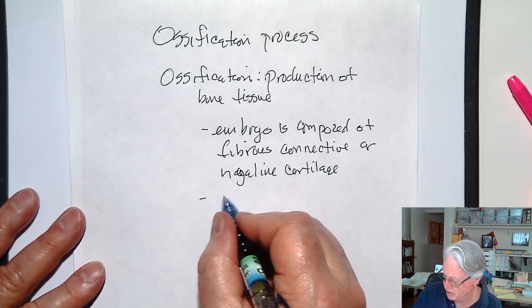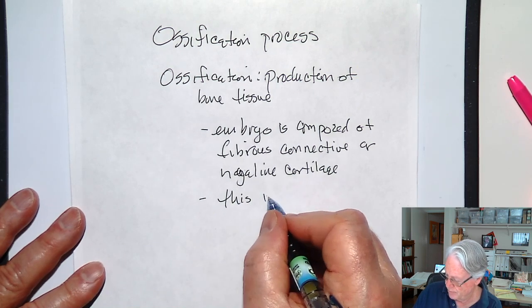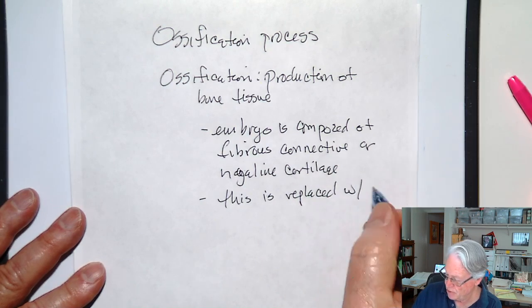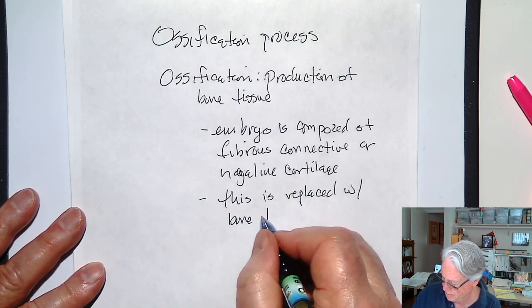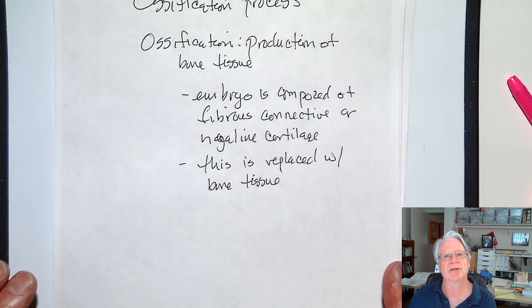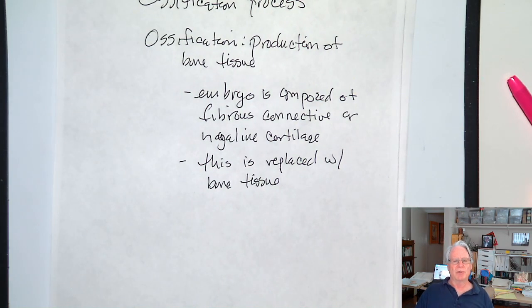And this is replaced with bone tissue. So ossification can actually take two different routes, two different ways in which it can happen. You can start off with the fibrous connective tissue and then replace that with bone tissue, or you can start off with the cartilage and then replace the cartilage with bone tissue. And those are the two processes we're going to be talking about.